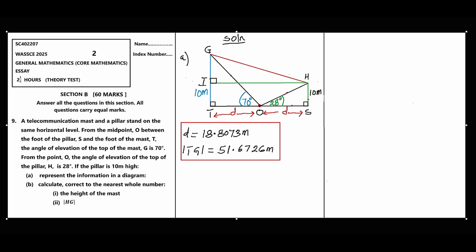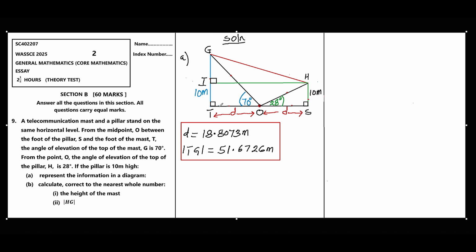And from the previous calculation that we did, we saw that the height of the mast was 51.6726 meters. That is to 4 decimal places. So if TI is measuring 10 meters, then what will be the height of IG?